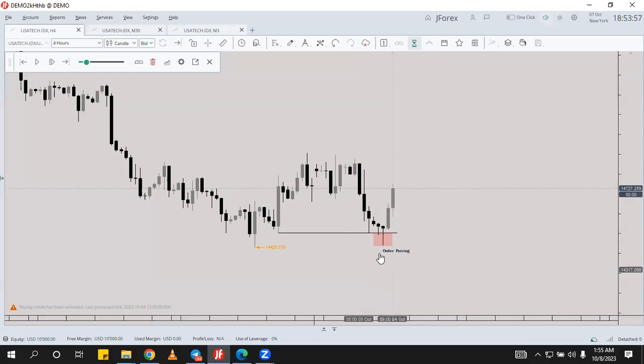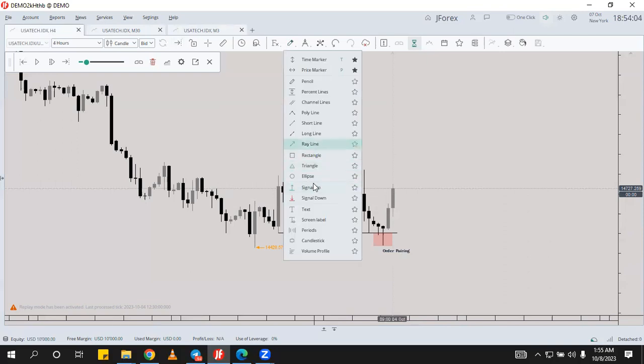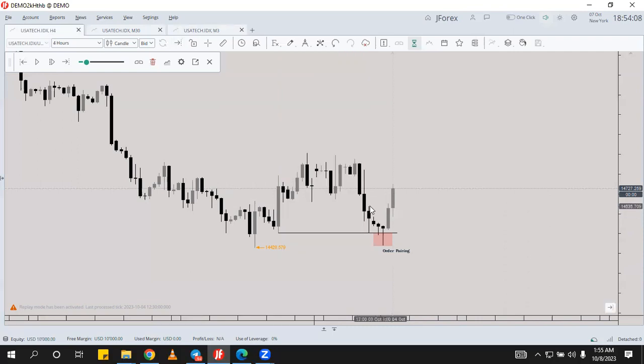Now, the next thing that I identified after this order pairing was a break of structure somewhere there. We had a level there that was broken. So right up there, we had a break of structure, or what we call a market structure shift, right?